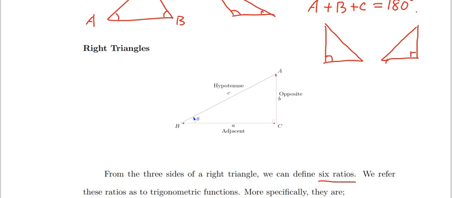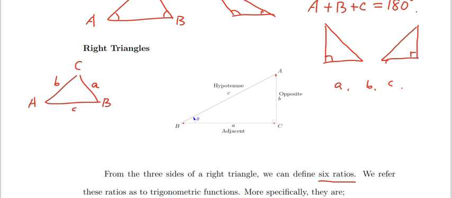Here we use the standard notation for a triangle: uppercase for vertex or angle, but lowercase for sides. So we have a, b, c, three sides.